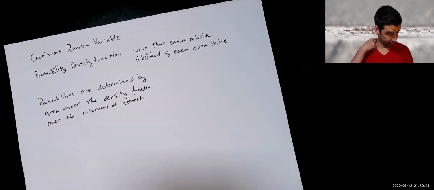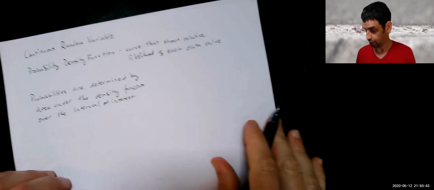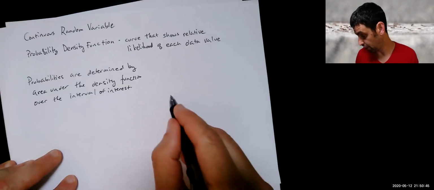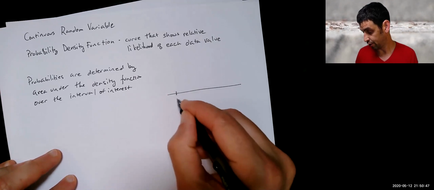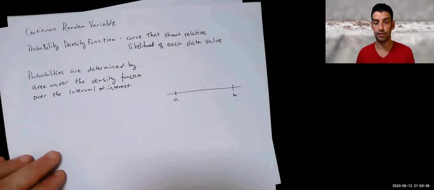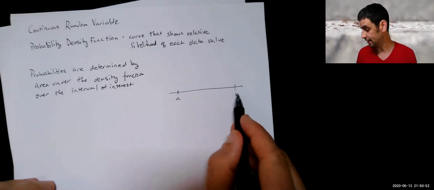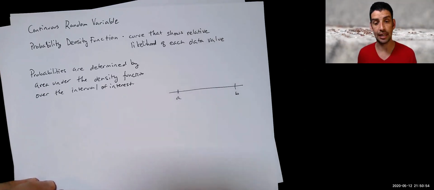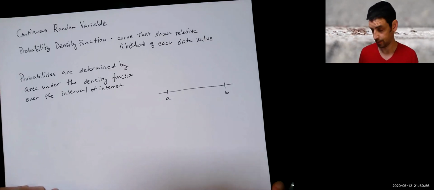So for example, I'll just sketch a little picture. Maybe I have some random variable, some experiment, and let's say all of the outcomes are between A and B.